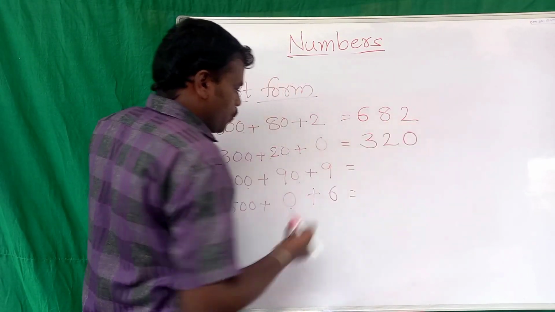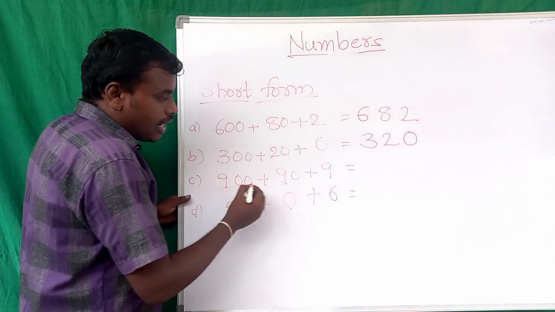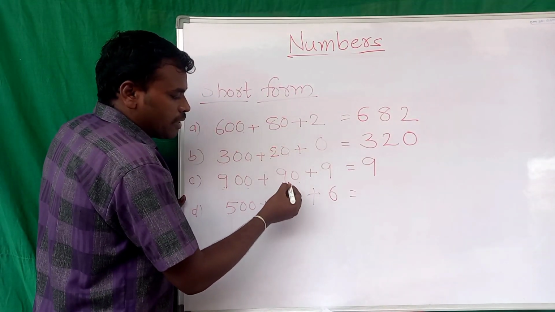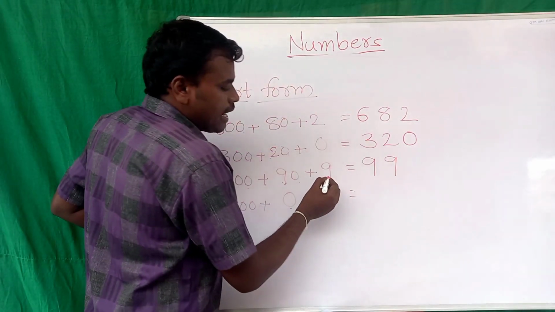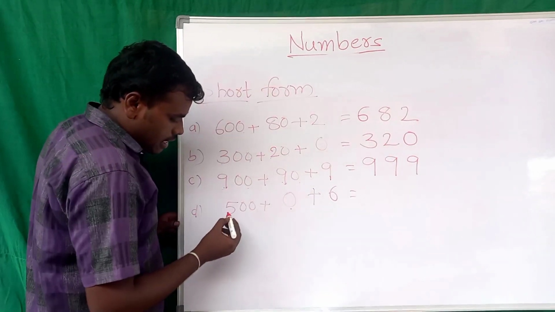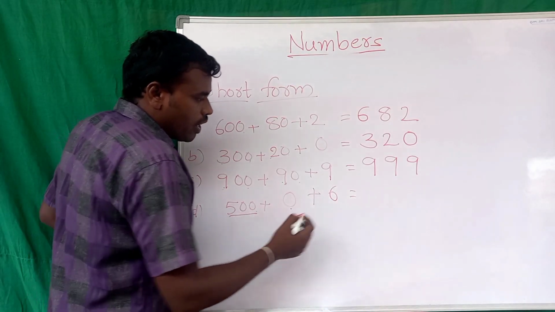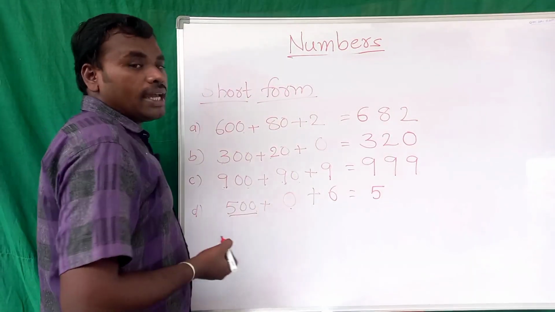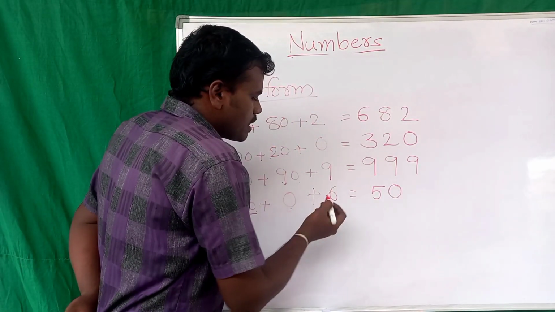Then 900, 90 and 9: 9 in the hundreds room, 9 in the tens room, and 9 in the ones room, so 999. Then 500, 0, 6: 5 in the hundreds room, 0 in the tens room since there are no tens, and 6 in the ones place.